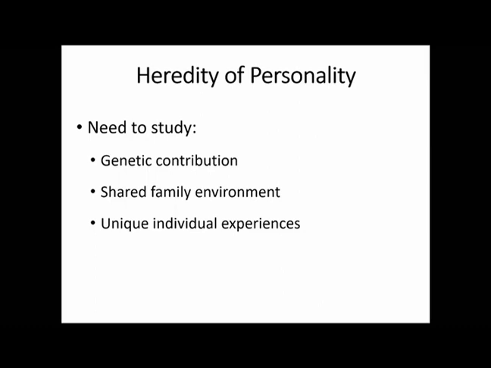Now, as we move on to talk about personality, I do want to point out that even though we've talked about behavior being a combination of genes and environment, we've already started to see a couple of instances where there are also other individual qualities or other factors that could be going on that affect the interaction between the two.